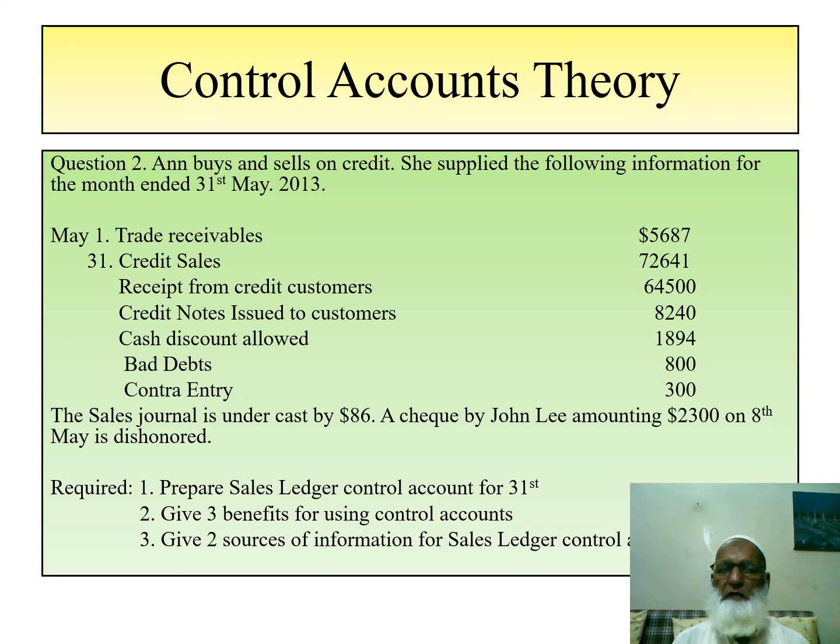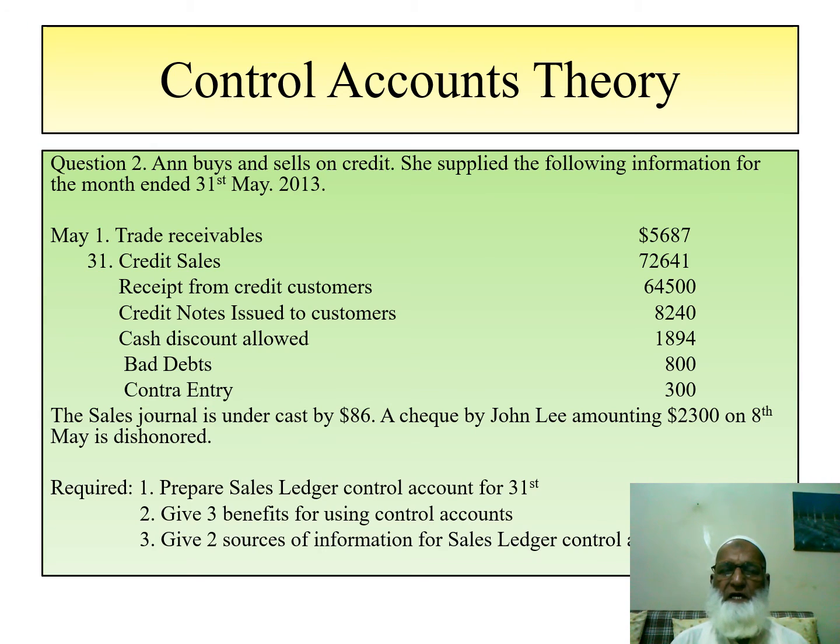There was a mistake, and a contra entry was 300. Contra entry means that 300 was entered in the purchase ledger, whereas it should have been entered in the sales ledger. So a contra entry is entered over here. We'll learn in the next slides how it is managed.